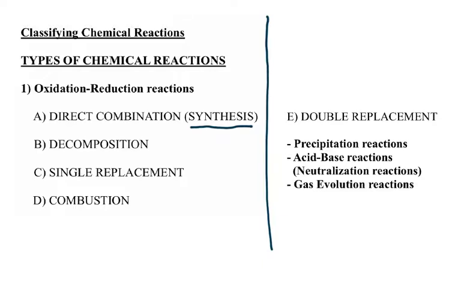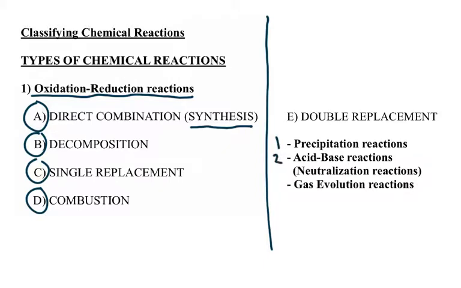Now, I will go over what that means, but these 4 types of reactions all fall under that category. And then for double replacement, which is the 5th category, there are 3 types. There's one called a precipitation reaction, another one called an acid-base, and a third one called gas evolution reactions.